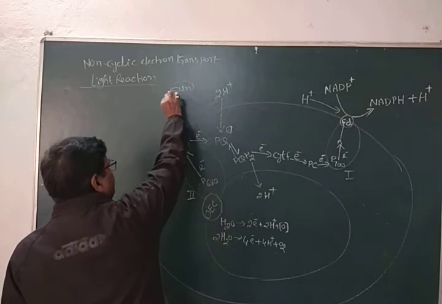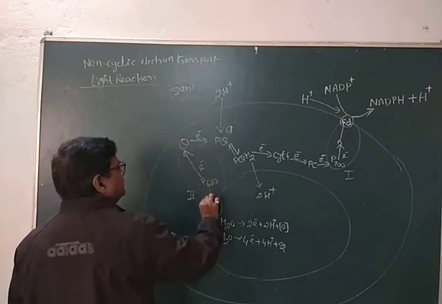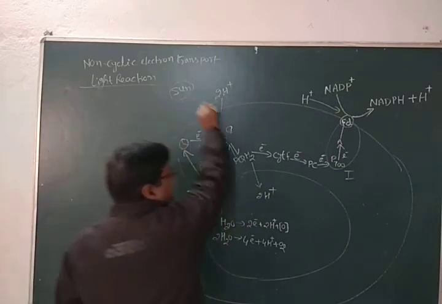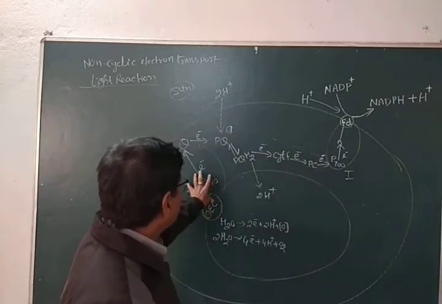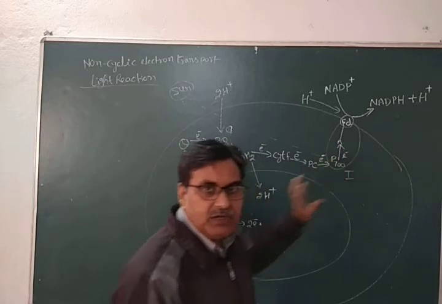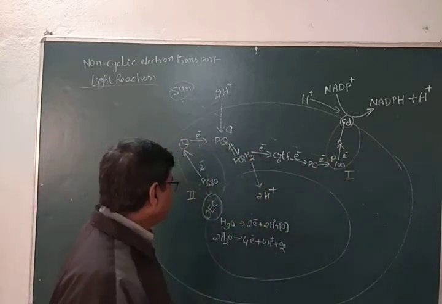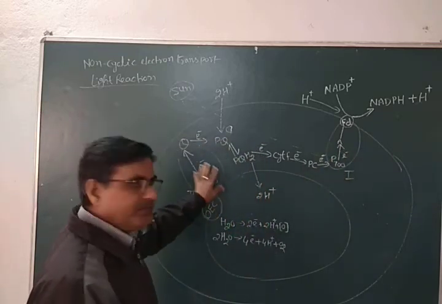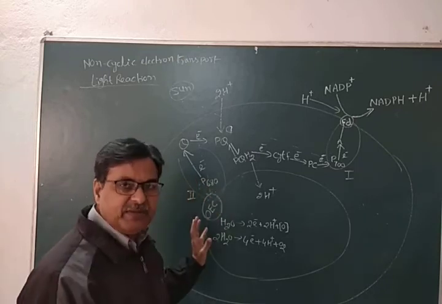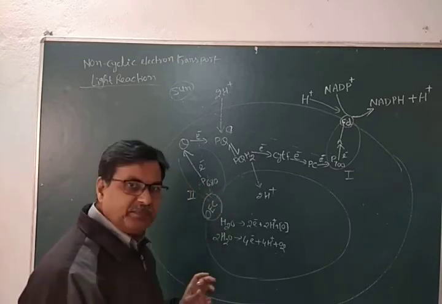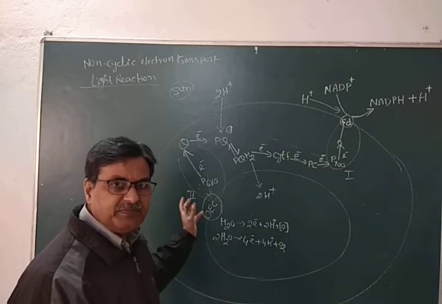Suppose this is the sun, and these are the sun rays coming here. The sun rays also go to photosystem 1. So photosystem 2 and photosystem 1 both trap the light energy. But first of all, we will discuss photosystem 2. It consists of many pigments which trap light energy of specific wavelengths.